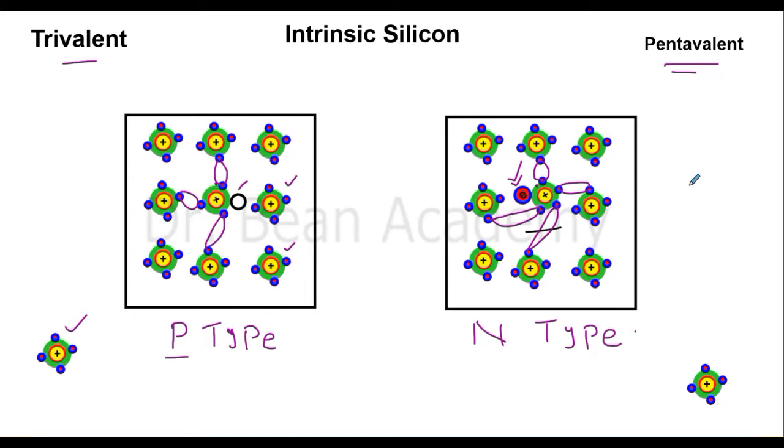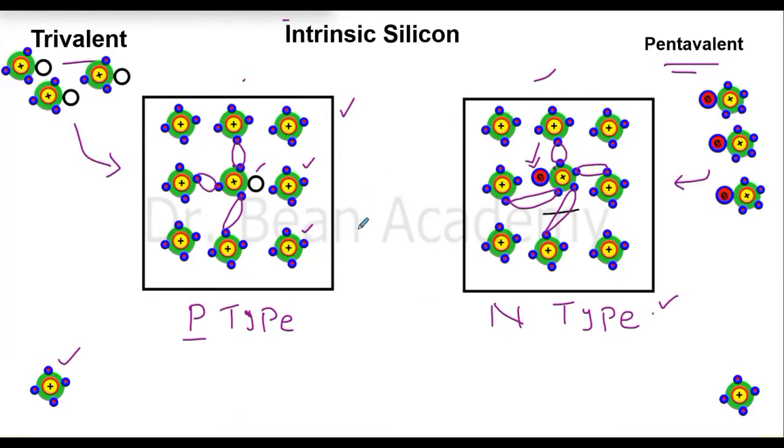No, it is electrically neutral, but we call it n-type because it has some loosely bound electrons, so when we apply an electric field, this material will allow the flow of electrons, and flow of electrons means current will start flowing. It means conductivity will change. So we call them p and n type in that sense, but it doesn't mean it gains some negative charge. No, it is still electrically neutral.